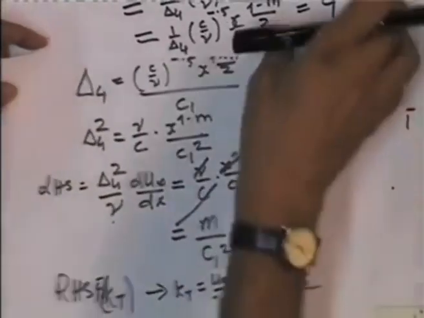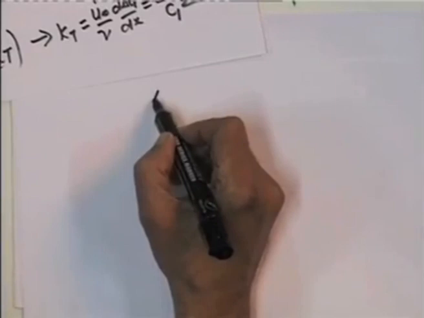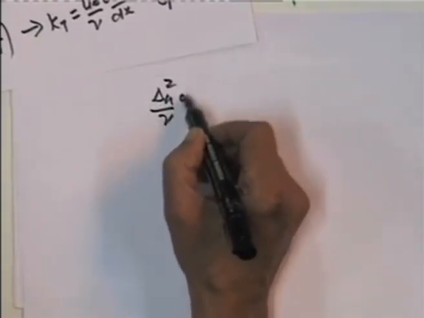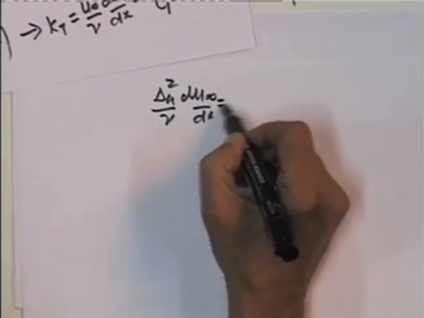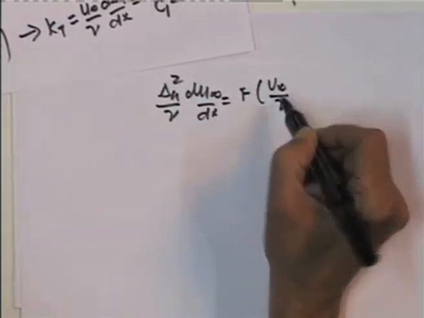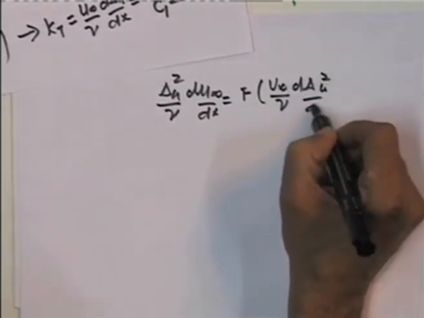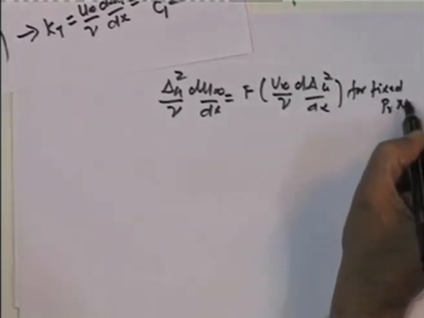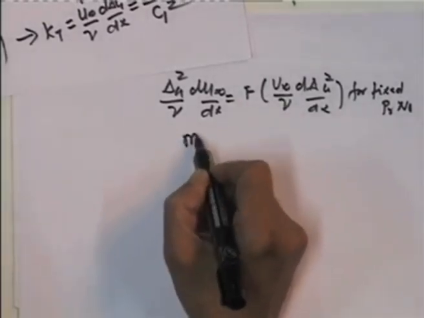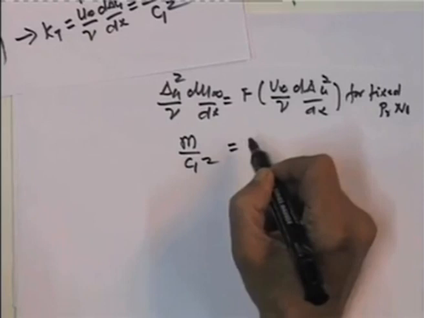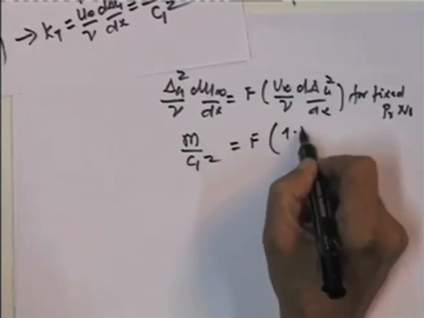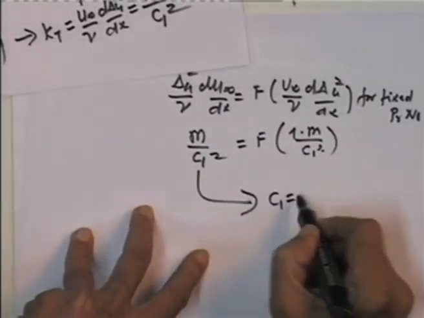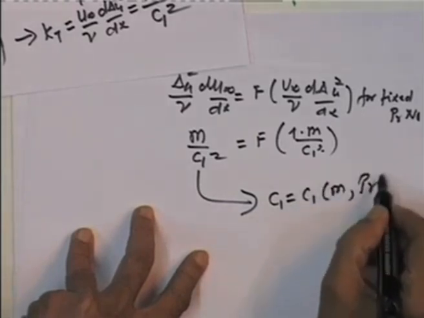So, our relationship, delta 4 square divided by nu du infinity by dx is a function of u infinity by nu d delta 4 square by dx for fixed Prandtl number, will simply be equal to m by C 1 square equal to f of (1 minus m) by C 1 square, where C 1 is a function of m and Prandtl number.